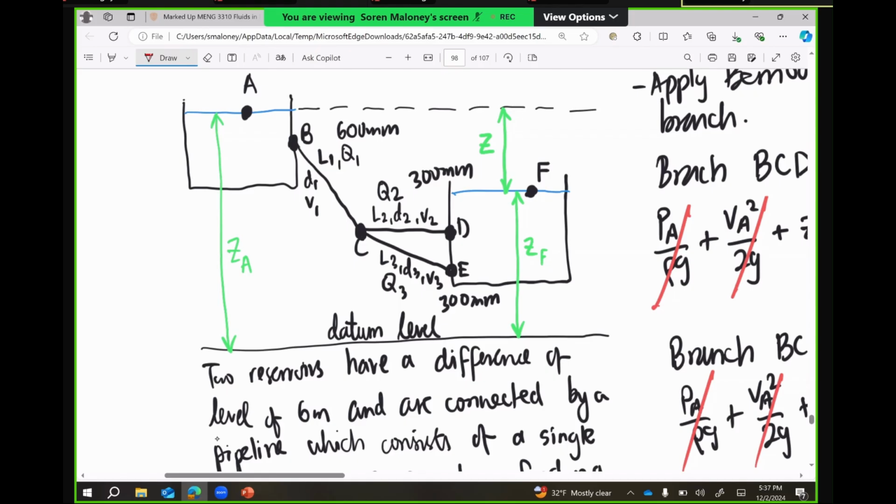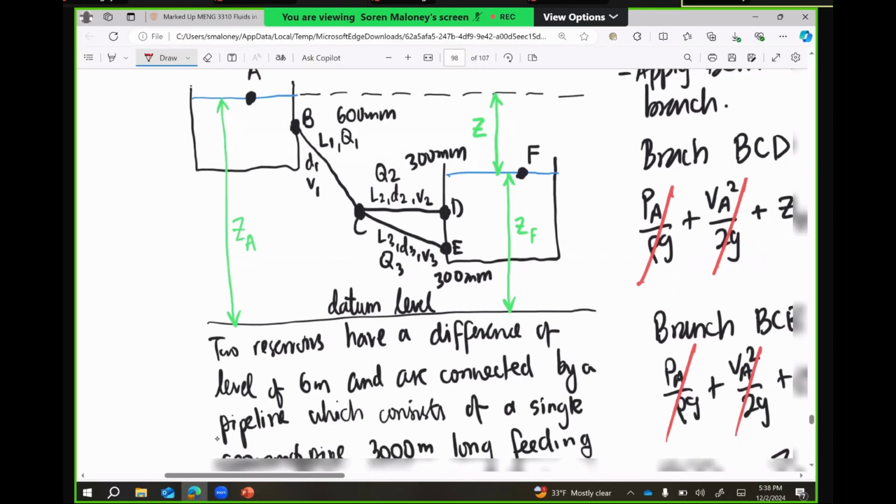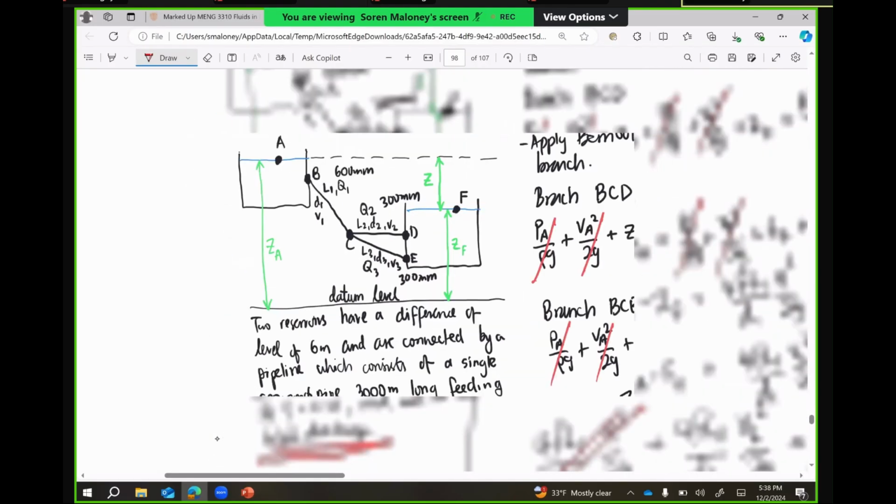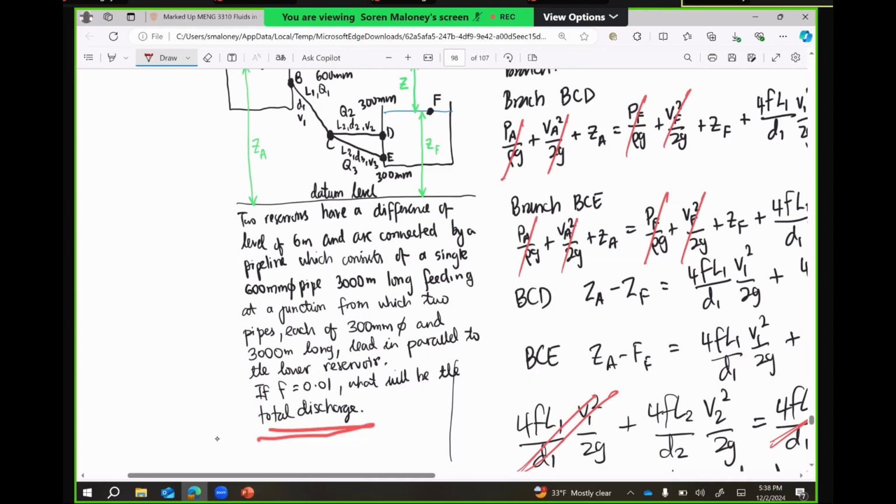We have these two reservoirs, and we're branching. You see it starts off at B and then we branch at C into two branches. So it says, look, two reservoirs have a difference of level of 6 meters and are connected by a pipeline, which consists of a single 600 millimeter pipe, 3,000 meters long.